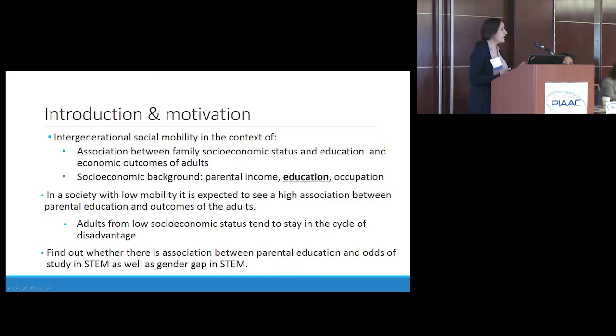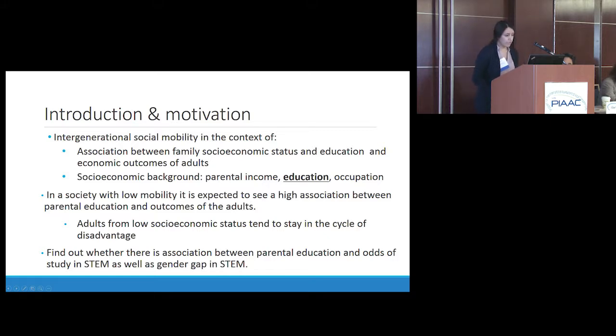So it will raise questions, and it raises the importance of policy interventions that help reduce this association to help all children, all adults, to succeed in society regardless of socioeconomic status or background.